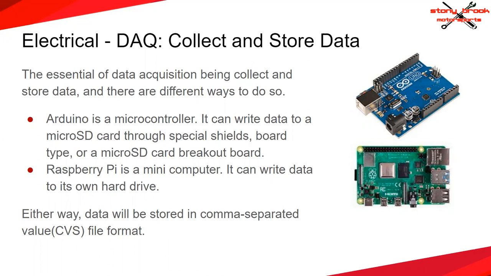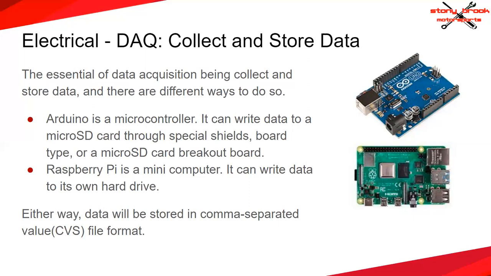Alternatively, you can also use Raspberry Pi. In terms of hardware, Raspberry Pi outperforms Arduino. However, it's more complicated. Other than Arduino and Raspberry Pi, there are other devices that you can use for data acquisition, but they tend to be expensive, especially if you're looking for one that won't fall apart on the car.